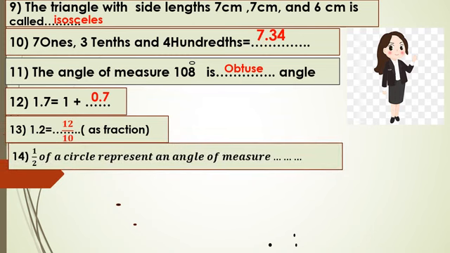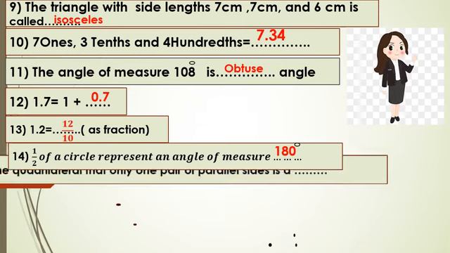Number 14. Half of a circle represents an angle of measure 180 degrees.